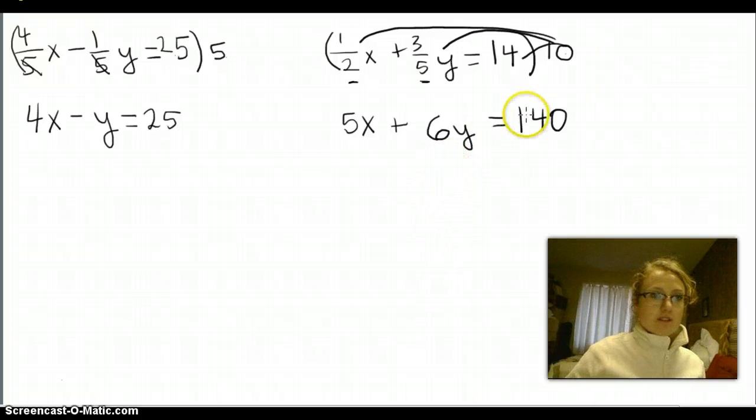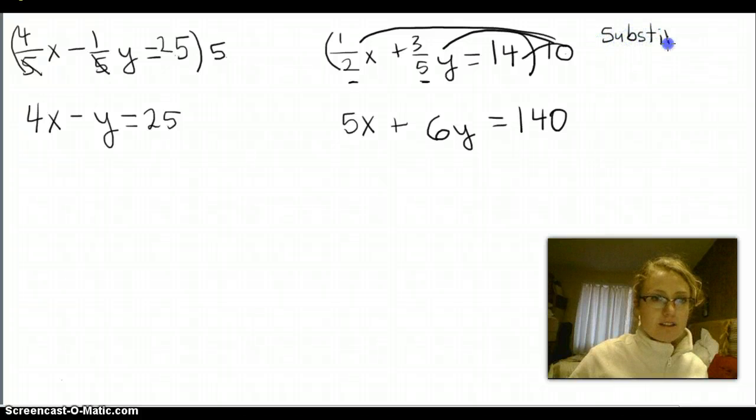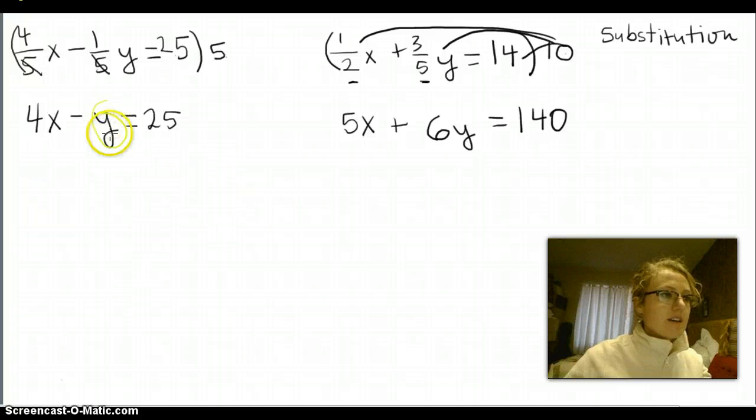I'm going to choose to use the method of substitution. That is mostly because I see this variable here, this y, is basically by itself. It will be really easy to solve for y and get it all alone, which is the first step in substitution. So let's go ahead and do that and solve for y, and then we can plug in.